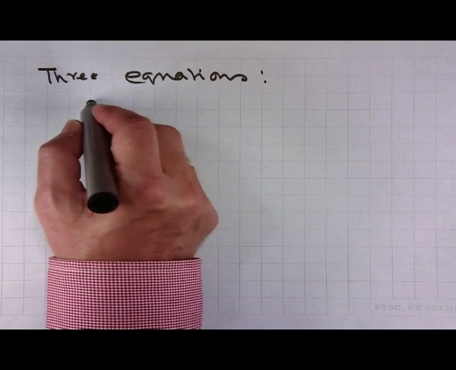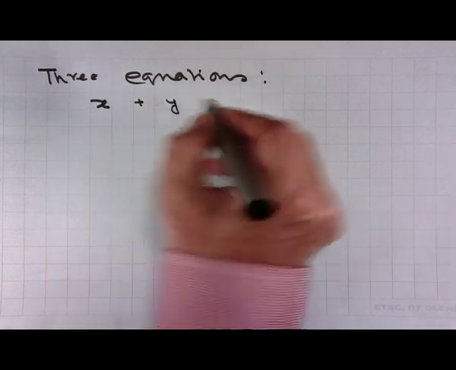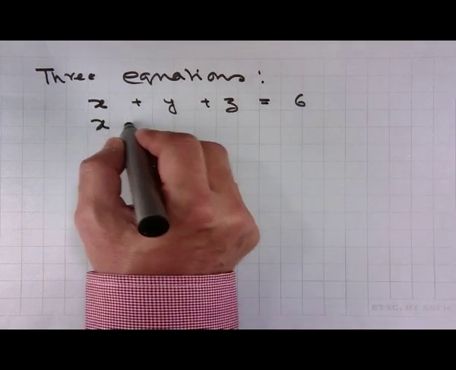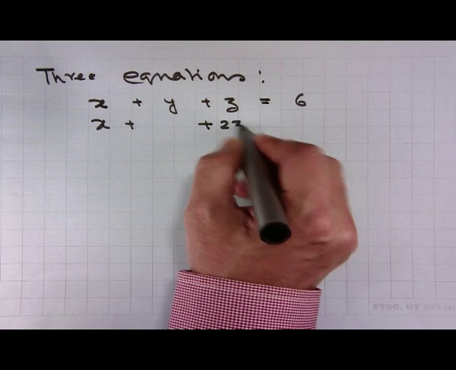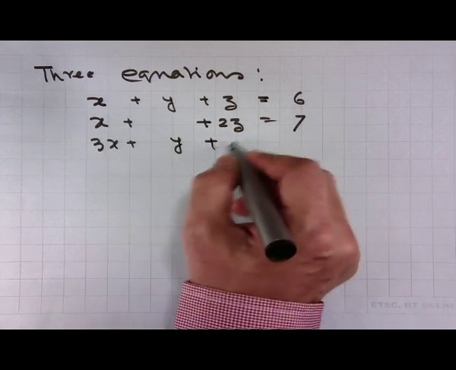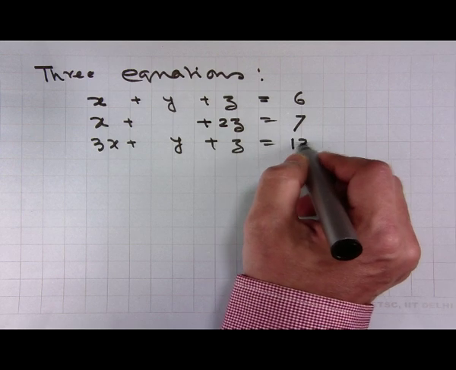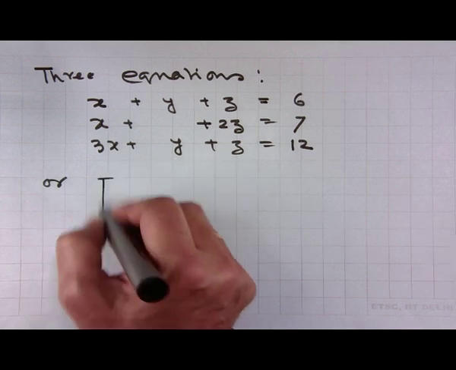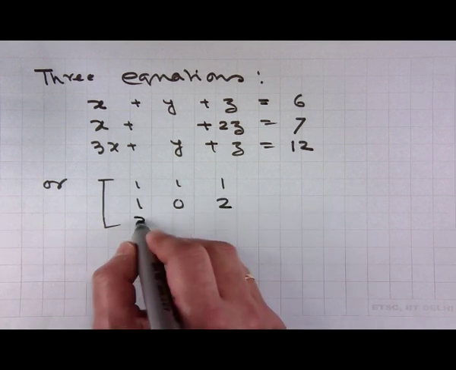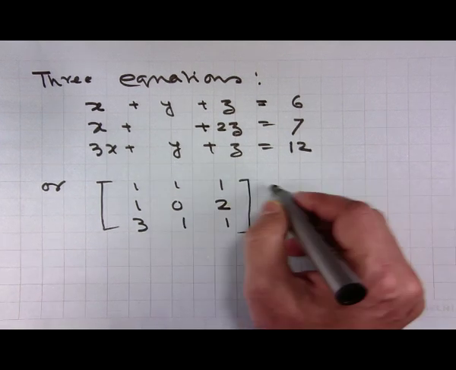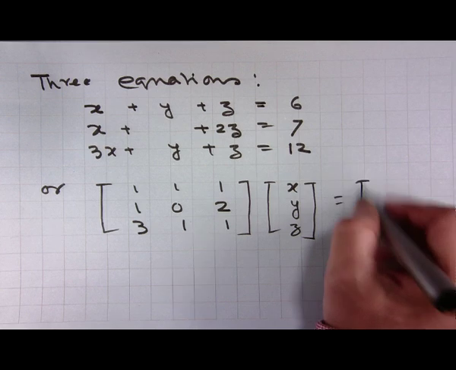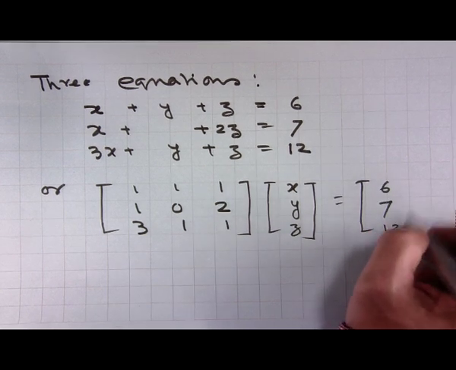The first one is x plus y plus z is equal to 6, x plus 2z is equal to 7, 3x plus y plus z is equal to 12, or 1, 1, 1, 1, 0, 2, 3, 1, 1 multiplied by x, y, z is equal to 6, 7 and 12.